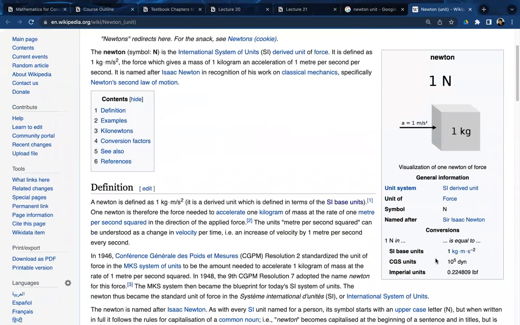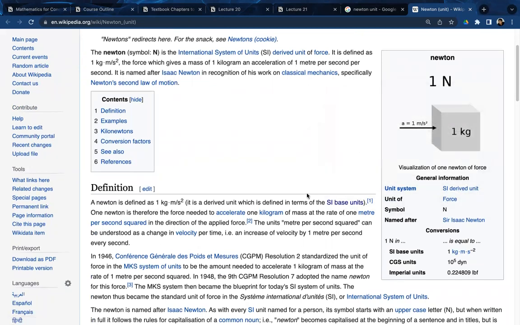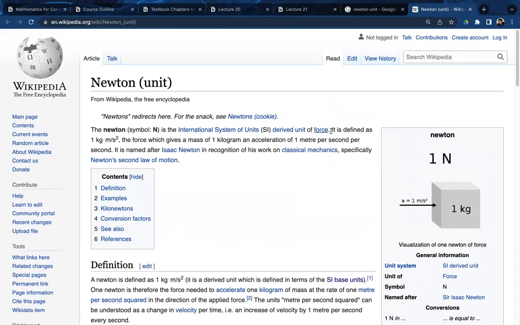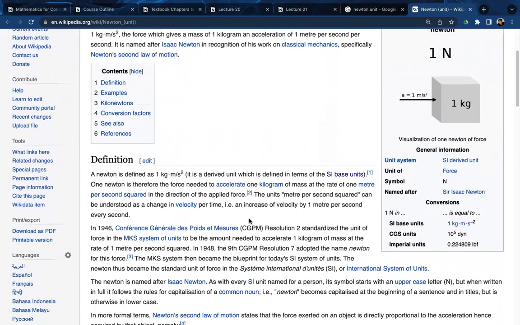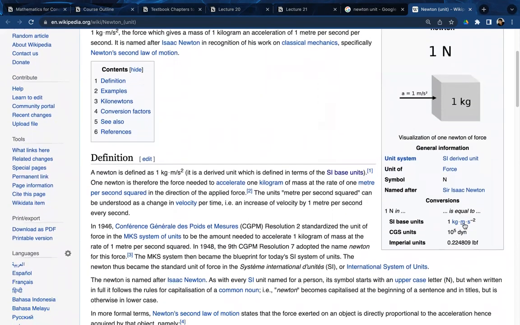So you see here, all you need is the SI base units, not the SI derived unit. The SI derived unit for force is the Newton, symbol N. So we say a force of 3 newtons. But in terms of the SI base units, it's kilogram meter per second squared, so it's kg m s to the minus 2.